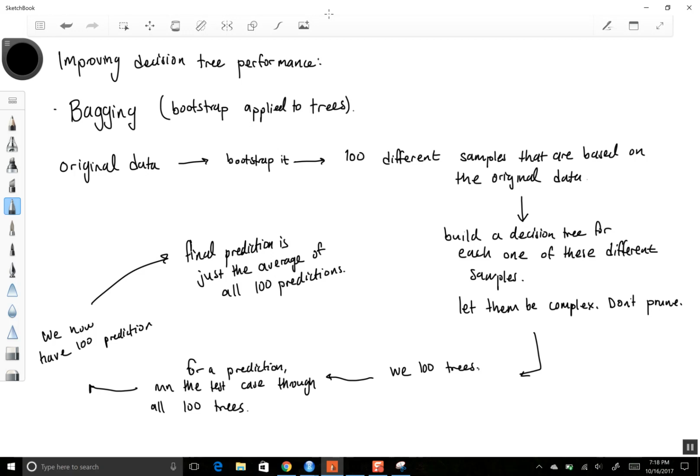Maybe the predictions are totally different for the different trees, but you're just averaging them and hoping that when I average all of these different trees, we get something around what's correct. And it turns out that even though you average a bunch of different things, it's more correct than a single tree.